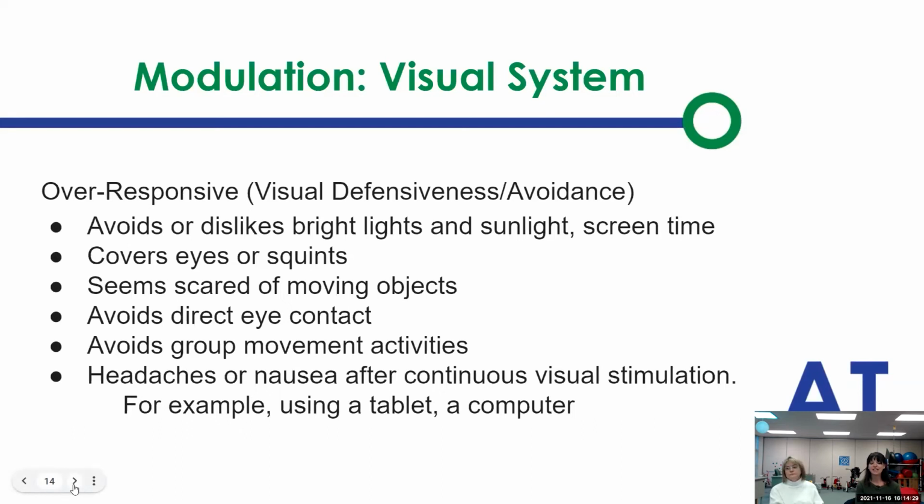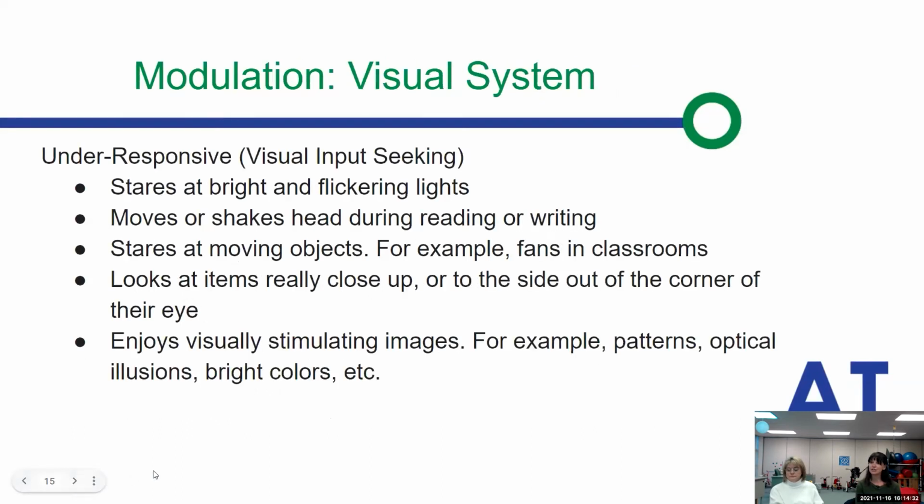And then on the other side, there's the under-responsive system, and they're the ones who are seeking out that input. So they stare at those bright, flickering lights. The fluorescent light, which is kind of burning out and flickering, will catch their attention and they'll stare at it. Or the classroom fan in the corner of the room, they'll be watching it spin and spin.